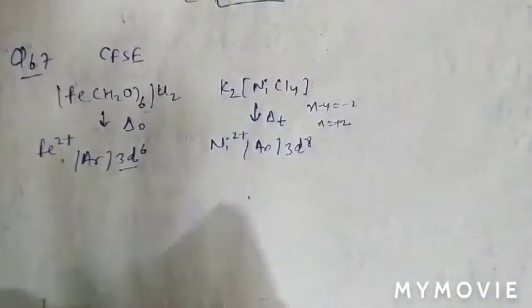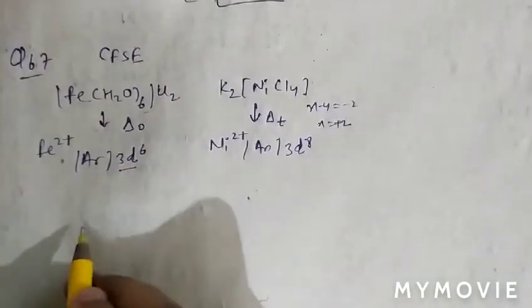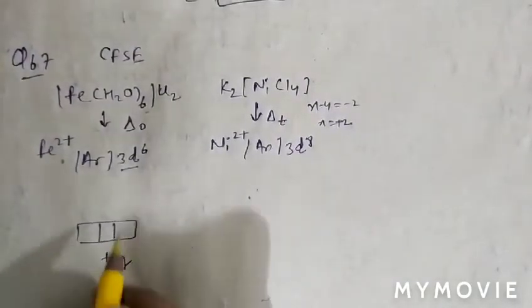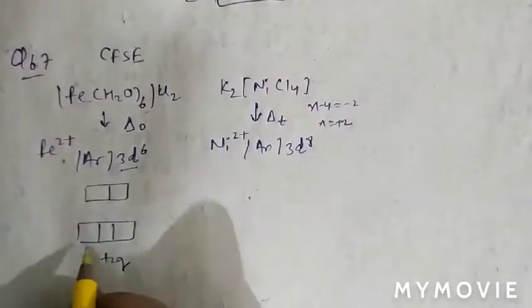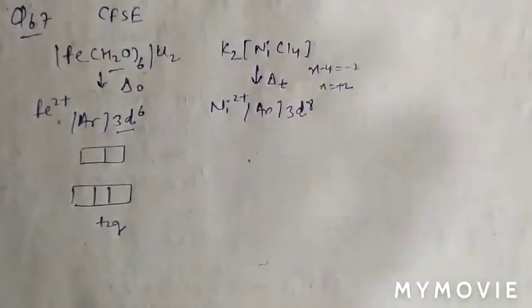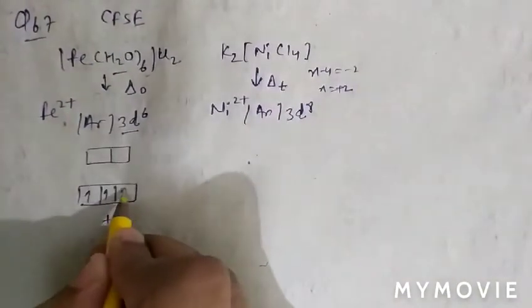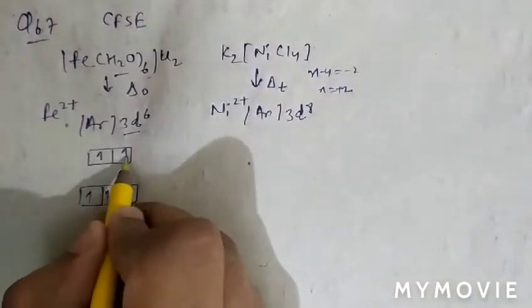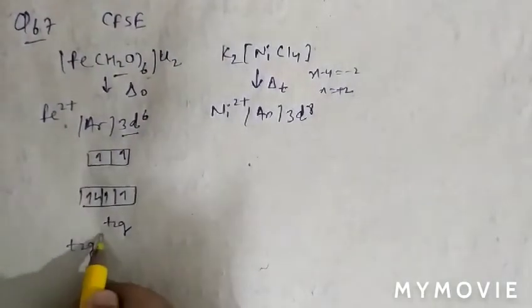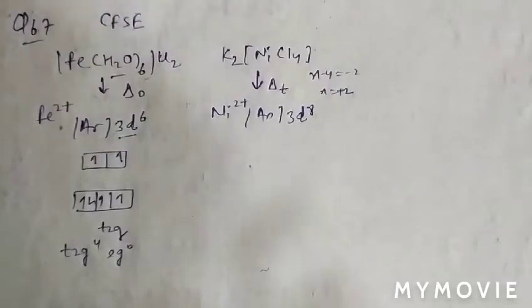As we know, in the octahedral configuration, t2g comes below and then eg. As H2O is a weak field ligand, pairing of electrons does not occur. First we fill 1, 2, 3, 4, 5 and then 6. It means the configuration is t2g4 and eg2.